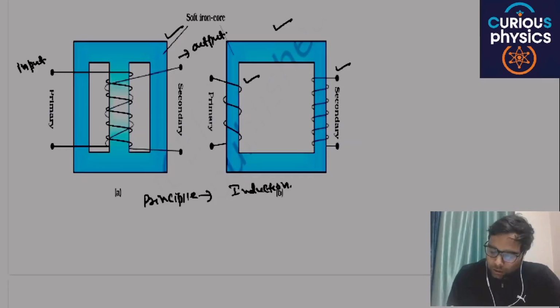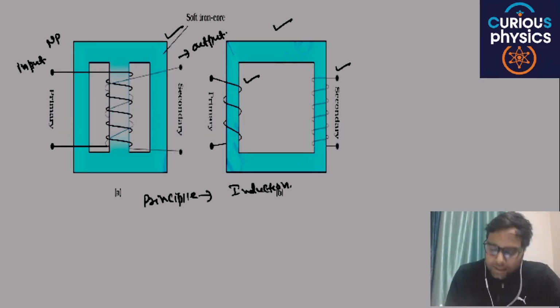Now let's say the primary coil has the number of turns Np and the secondary coil has number of turns Ns.